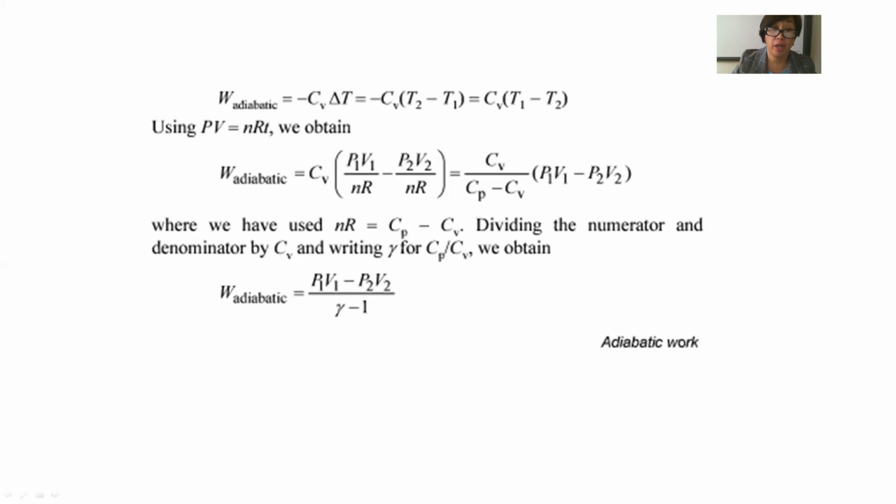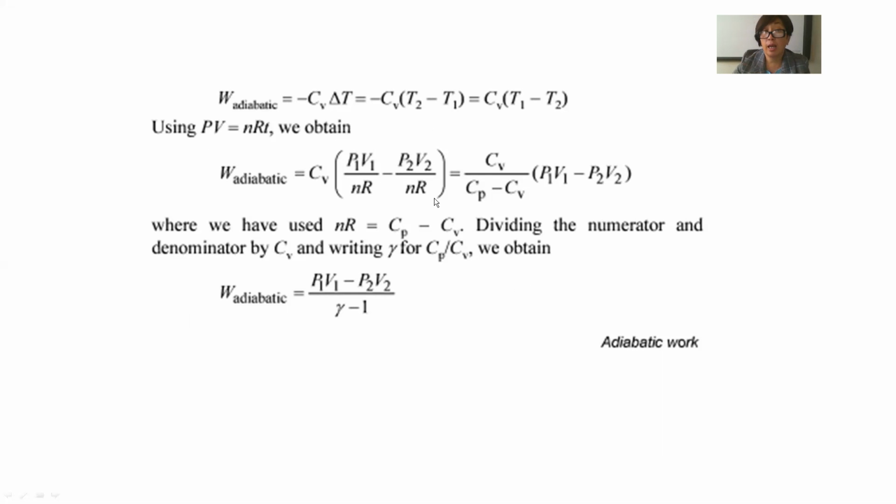Using the equation of state, the Clapeyron-Mendeleev formula, P1 V1 equals nR T1 and P2 V2 equals nR T2, we replace.